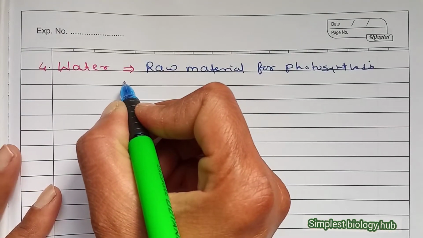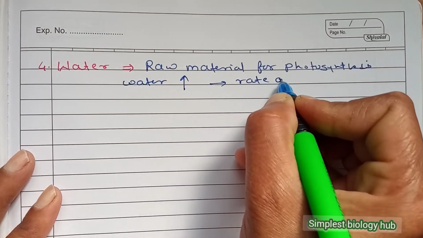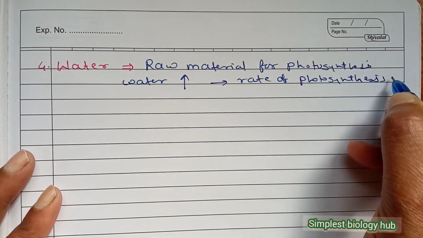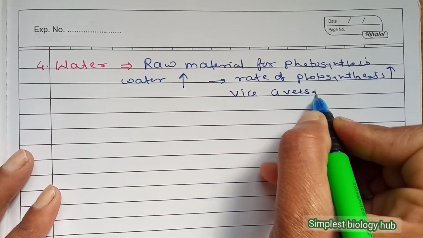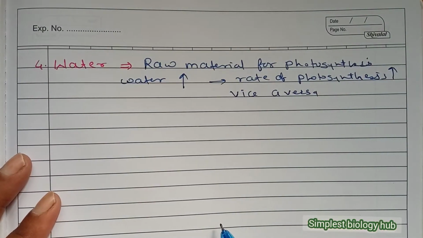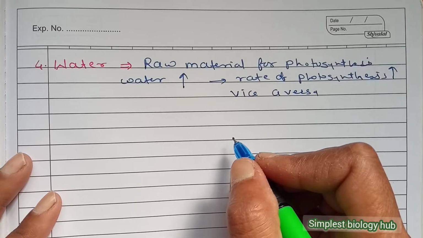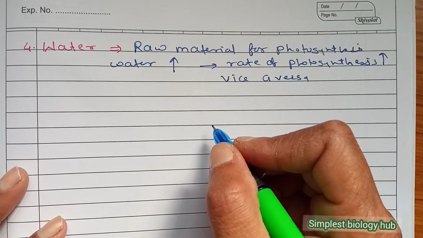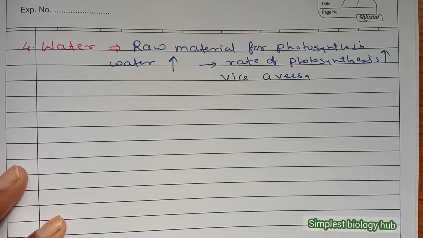If water increases, then the rate of photosynthesis also increases, and vice versa. Vice versa means if the water content decreases, then the rate of photosynthesis also decreases. But if we provide a very high quantity of water to the plant, it shows an adverse effect on the plant also. So the optimum content of water is essential for the rate of photosynthesis.